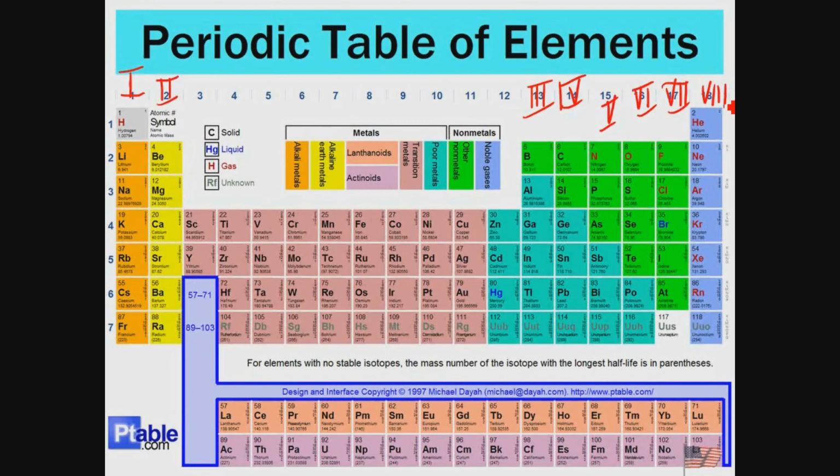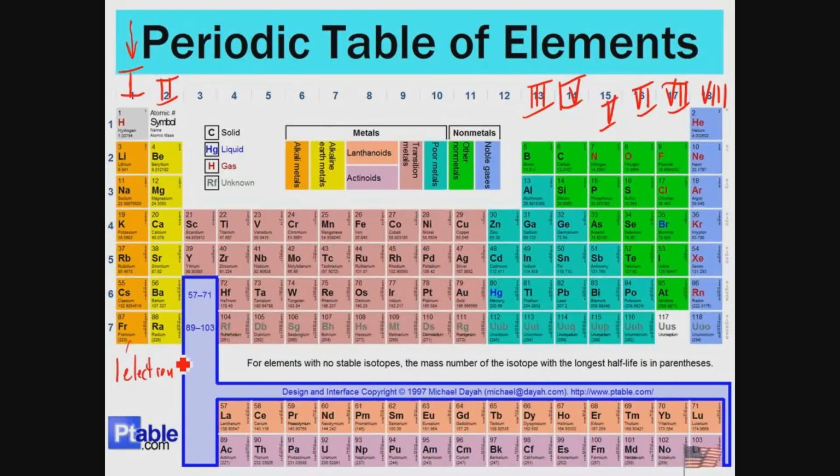I basically have skipped this middle part. This tells us how many electrons are in the outermost shell, how many valence electrons they have to play with. So in this case, hydrogen, lithium, sodium, potassium, and the rest all have one valence electron.